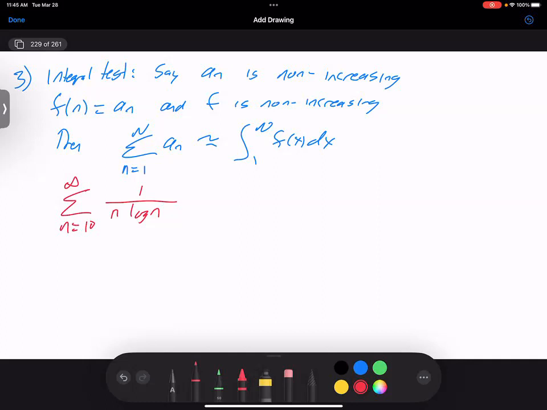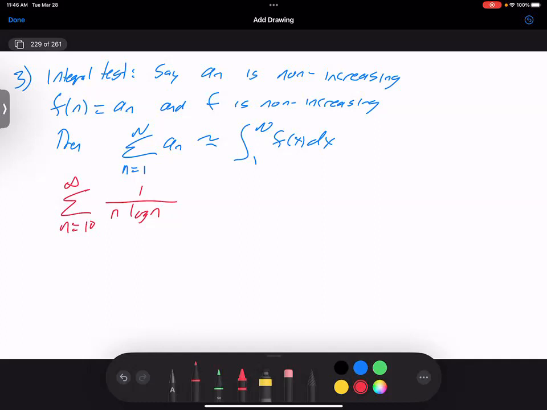Smaller maybe? It's going to be smaller. We're putting this extra factor of the log of n. As n goes to infinity, the log of n goes to infinity. So we're making the denominator smaller. So if 1 over n is going to 0, this goes to 0.